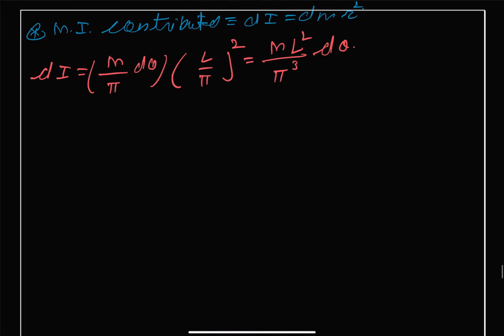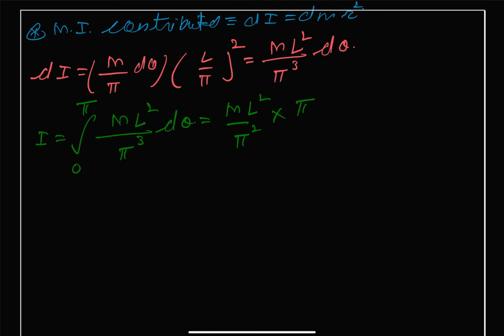Now we can just integrate for the complete half circle. So integrating from 0 to pi, we have m L square upon pi cube d theta, and this gives m L square upon pi cube, and the integral of d theta is theta, multiplied by pi.